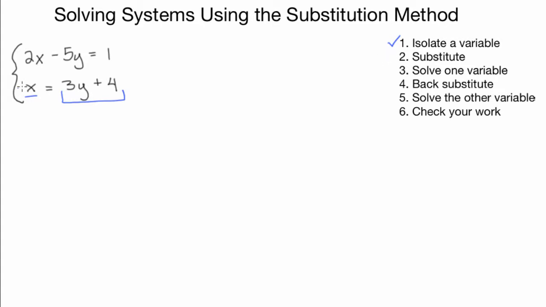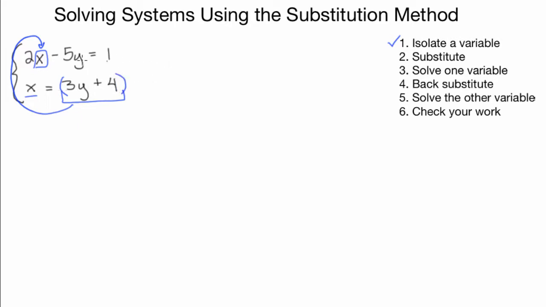Step two, now that I know x is equal to 3y plus 4, I can substitute 3y plus 4 into the other x right here. X is 3y plus 4. And since they're equal things, I can replace them and rewrite a new equation, substituting 3y plus 4 in place of x. I'm going to put parentheses around this, and I think you'll see why in a second. Let's rewrite my equation.